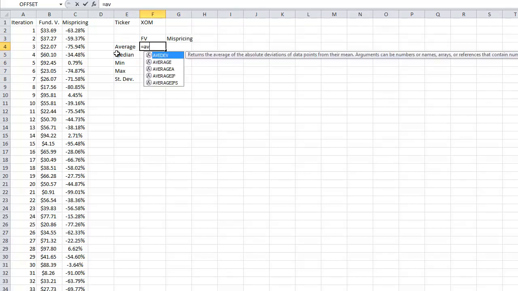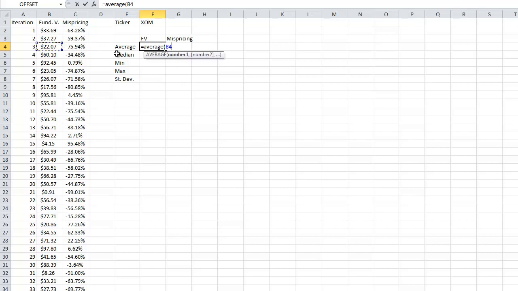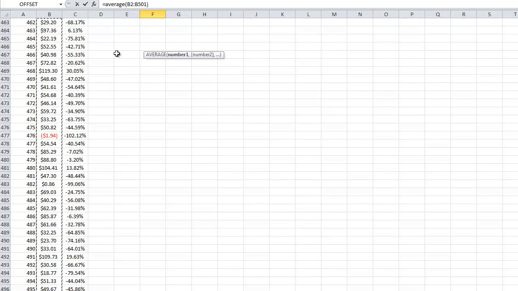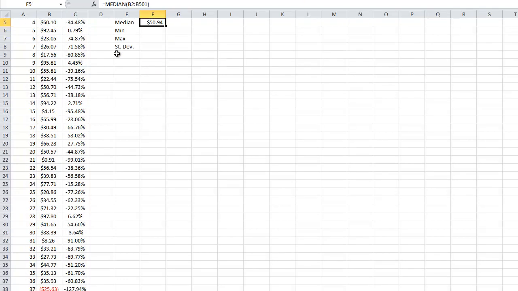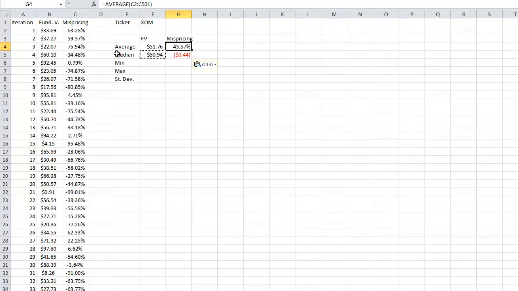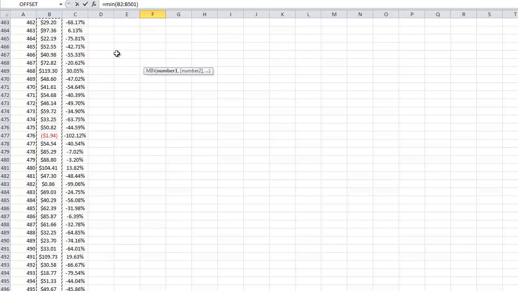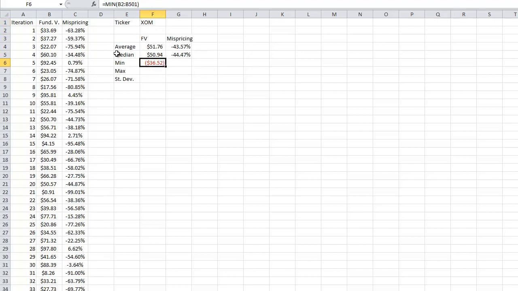So let's get the average fundamental value, and the average mispricing. Let's get the median. Let's get the min. And let's do it for the mispricing as well.